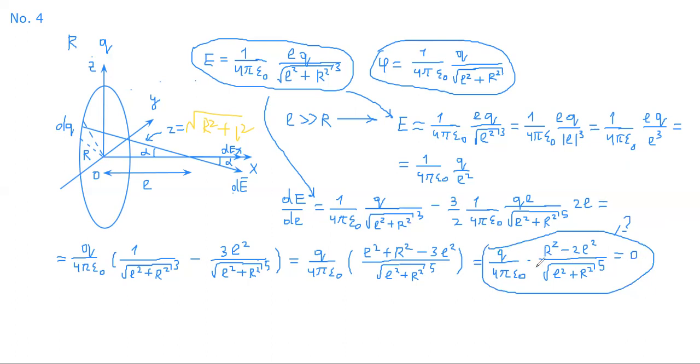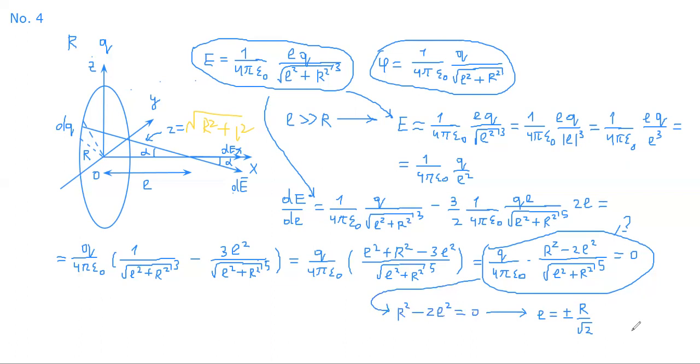This expression will be 0 when the numerator is equal to 0. So from here we have R to the power of 2 minus double L to the power of 2 is equal to 0. And from here we have that L is equal to plus or minus R divided by the square root of 2.